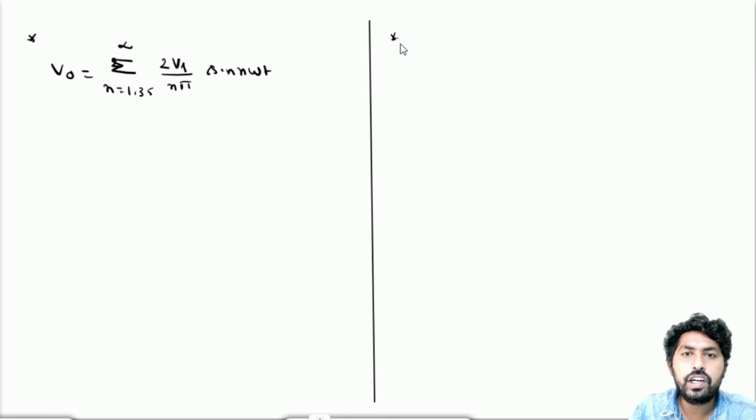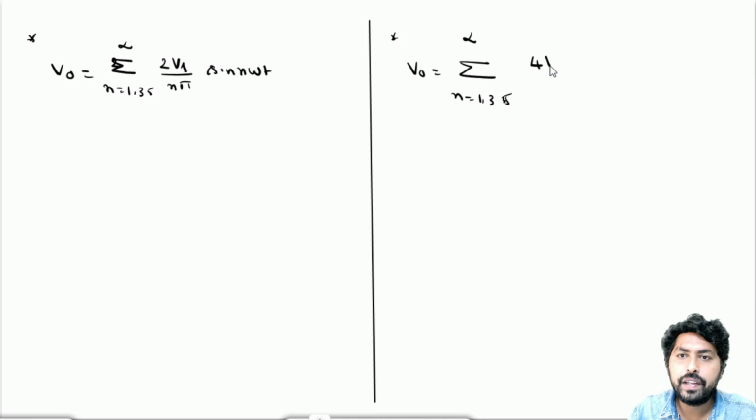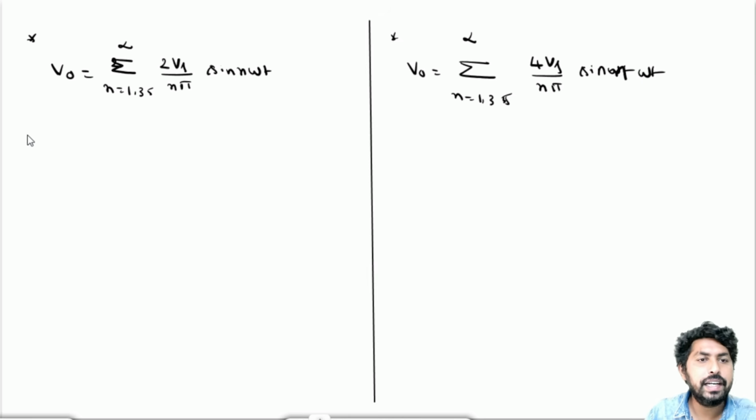For the full bridge, V0 equals sigma n equal to 1, 3, 5 to infinity of 4 Vs by n pi into sine n omega t. Now let us write the I0 expression. I0 will be V0 by Z, that is sigma n equal to 1, 3, 5 to infinity.